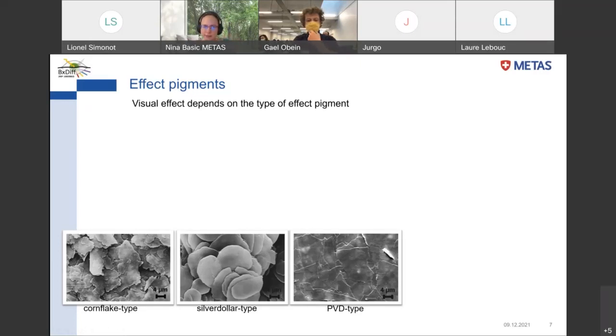Also, the flatness is different, and more importantly, the edges are different. Some of them have very smooth edges, and some of them have really rough edges. So this depends on how much light is scattered and lost, and how much light is really just specularly reflected from the pigment.